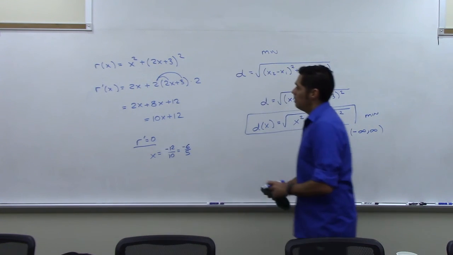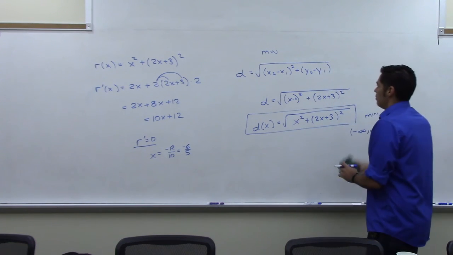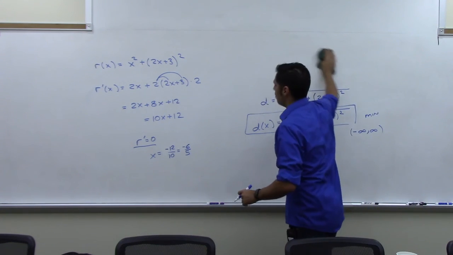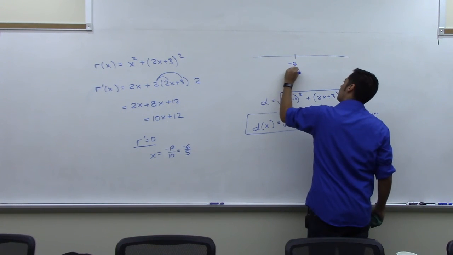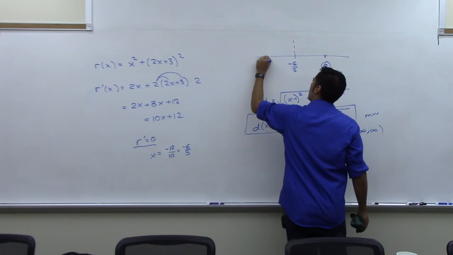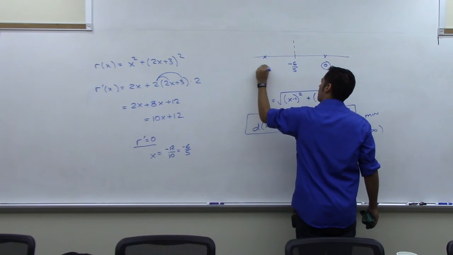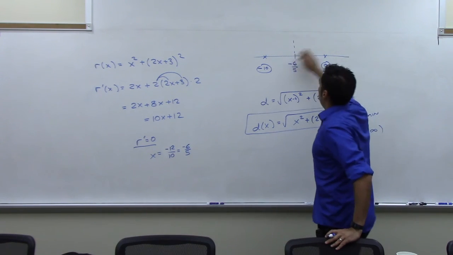All right. Where's my derivative undefined? Well, it never is. So now I'll go to a number line. I'll put negative 6/5 here, 0 here, and let's say negative 10 here. I'm going to plug these into the derivative, and what I'm looking for is down then up.